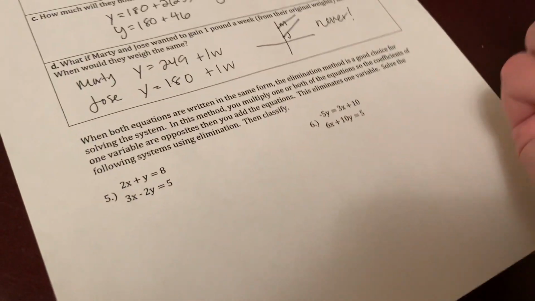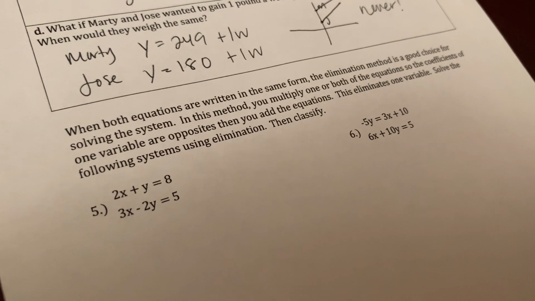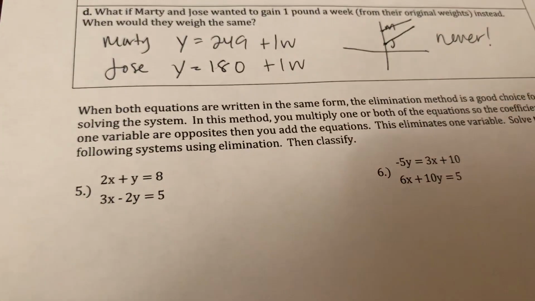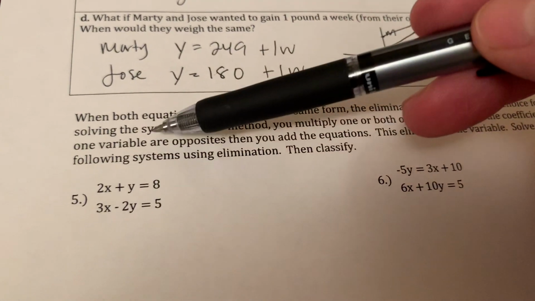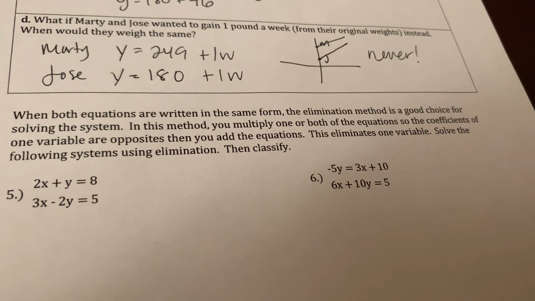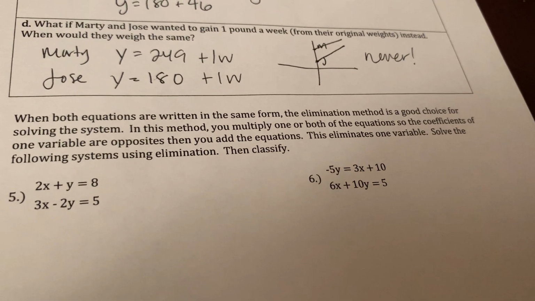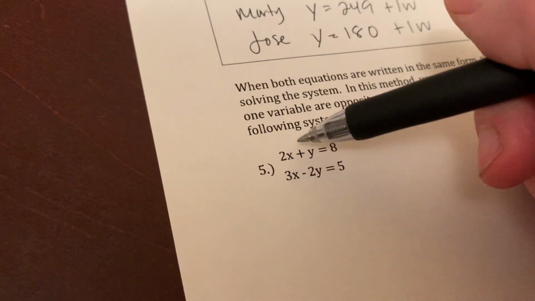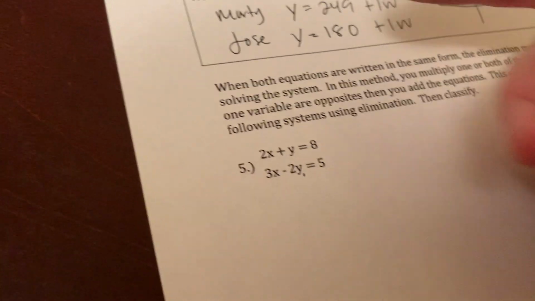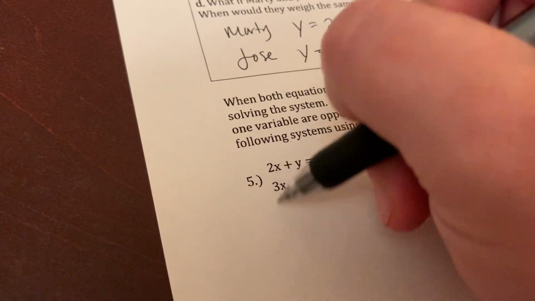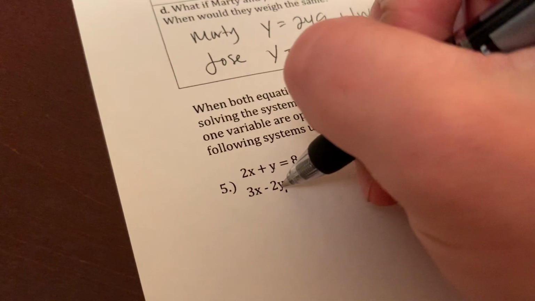All right, and lastly, it says when both equations are written in the same form, and by same form, usually it's standard form, an x, a y, and a number, but it doesn't have to be. This method would be best, using the elimination method, meaning to eliminate one of the variables. So I want to eliminate x or y. Well, I see here this is a 2 and this is a 3. They don't cancel each other out if I add them down. If I add them down, I get a 5. This is a -2.